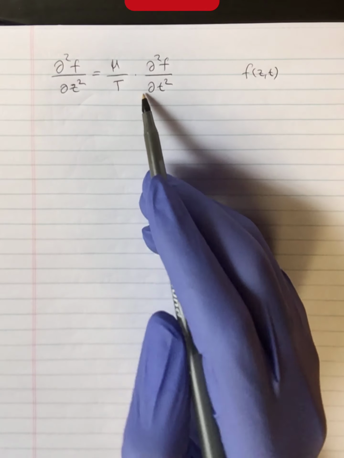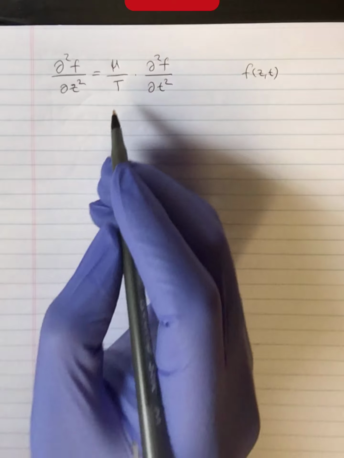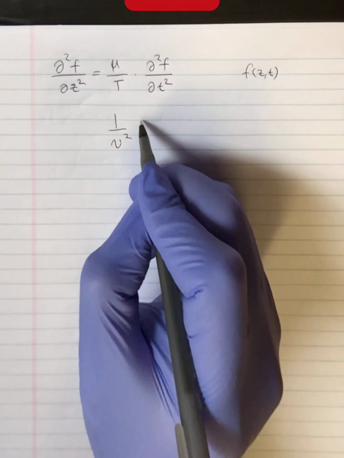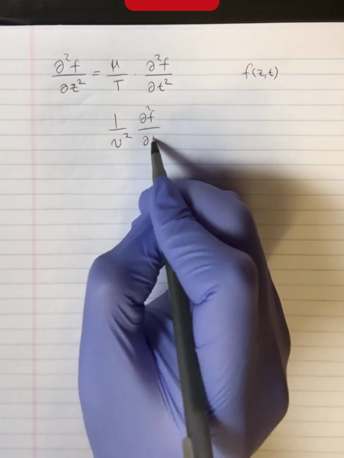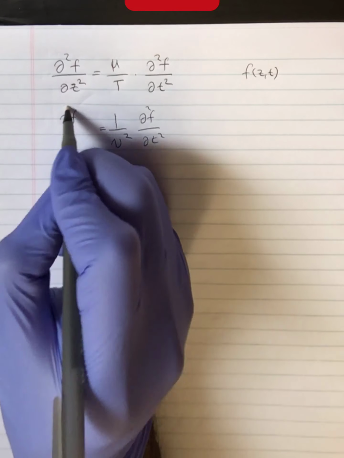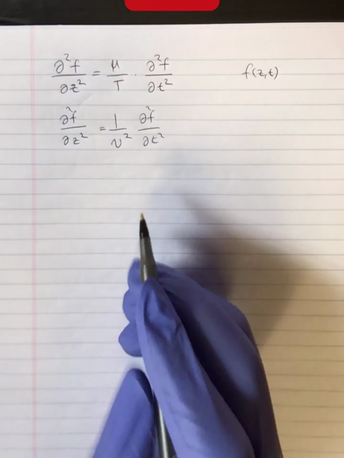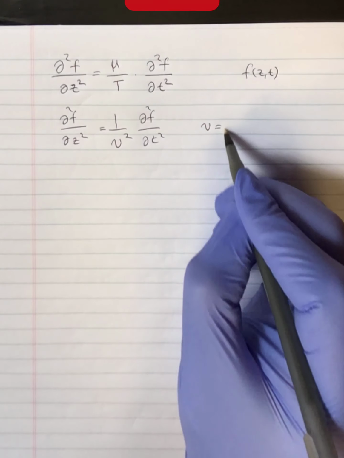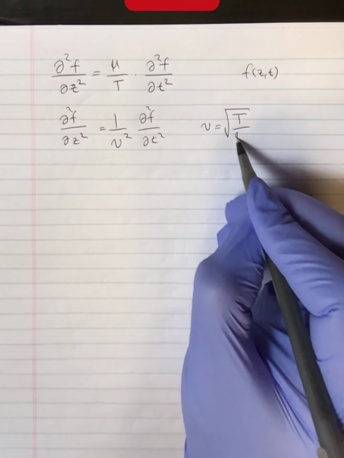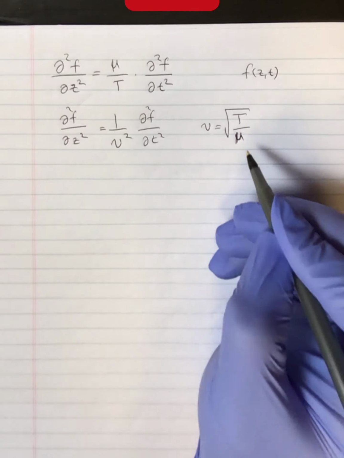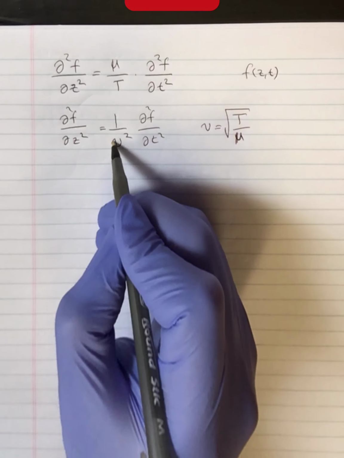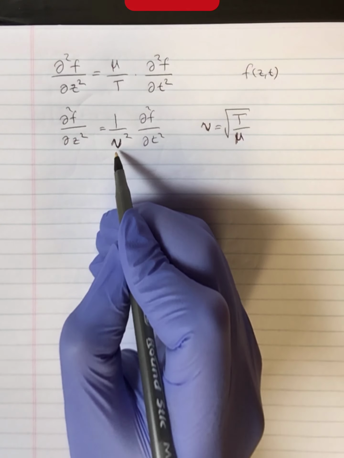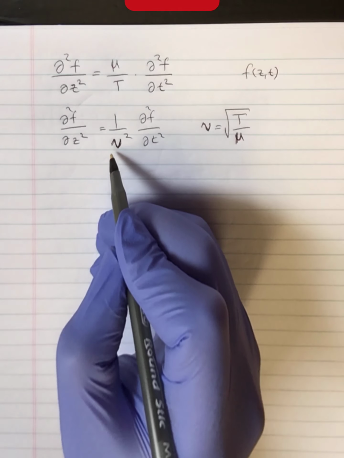A common way of writing this equation is, instead of mu over T, people write it in terms of 1 over v squared d2F/dt2, and here d2F/dz2. And the reason is that if you write it like this, with the definition of v being the square root of T over mu, we're going to see in a minute that this v is actually the speed of the propagation of the wave.